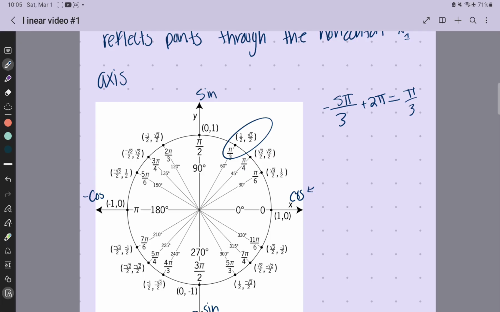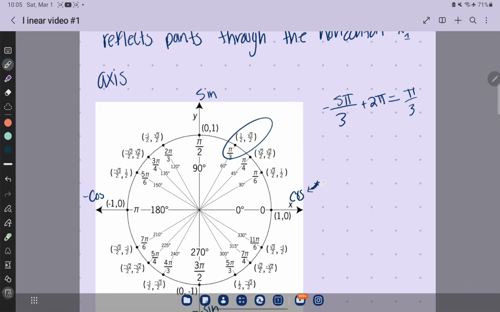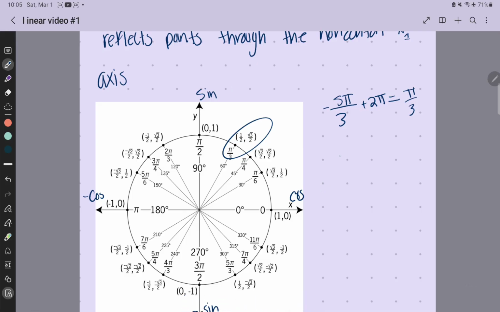And we're talking about sine and cosine here. As you can see where I labeled it, this is the x and this is the y. So I know that cosine is the x and sine is the y, right?